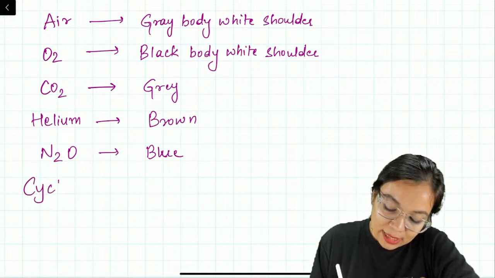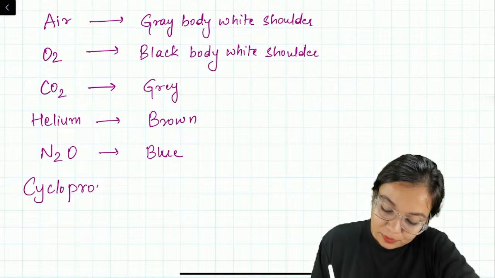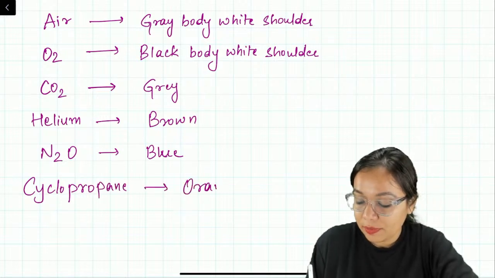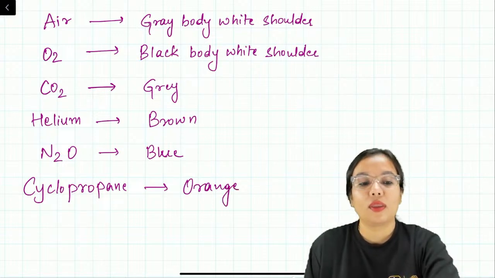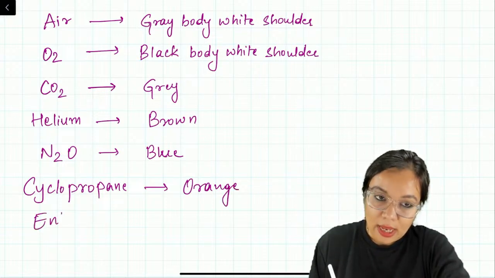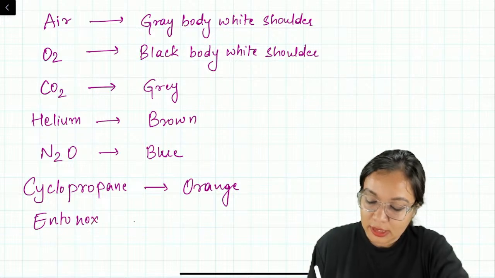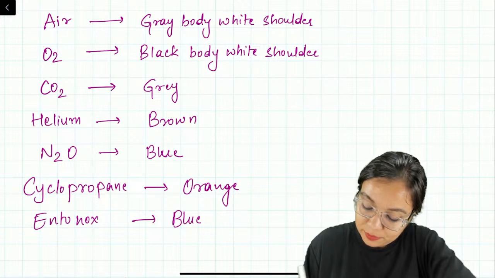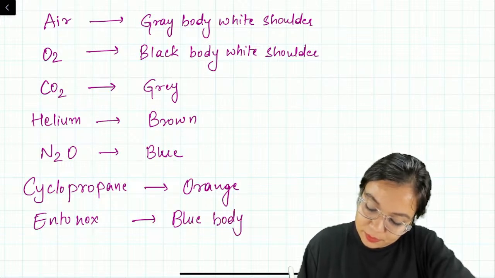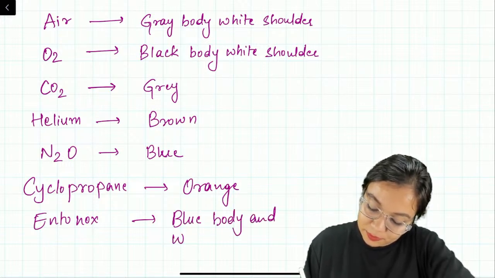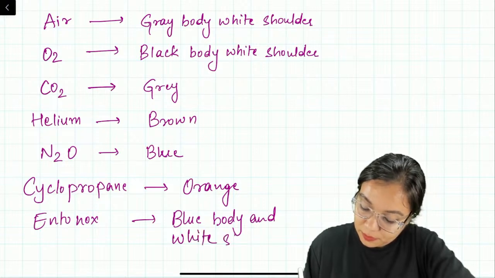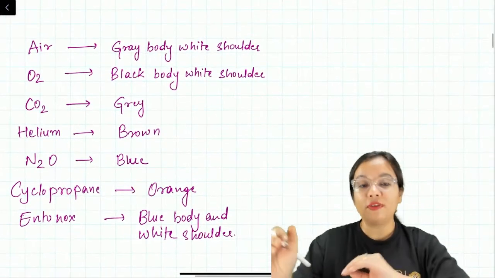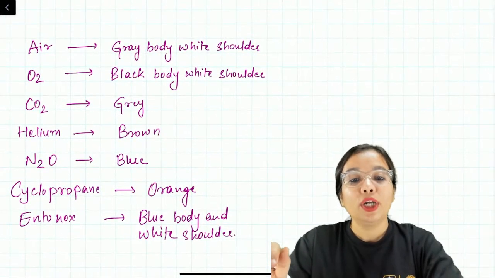In case there is cyclopropane, the color code of the cylinder will be orange. If there is N2O and oxygen mixture in it, then it is going to be blue body and white shoulder. So this is the color coding of the various gas cylinders that are used.